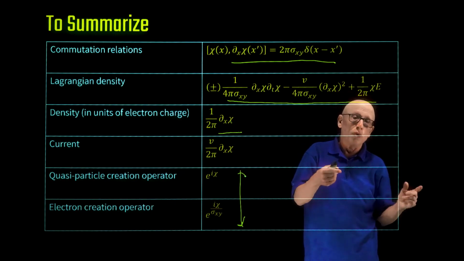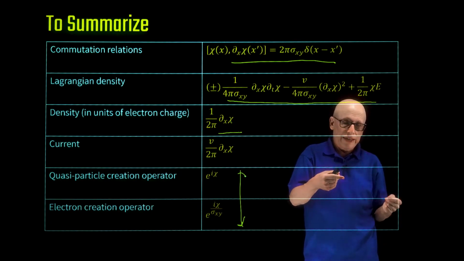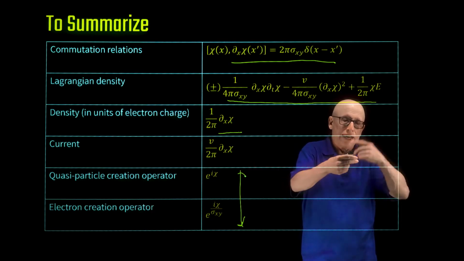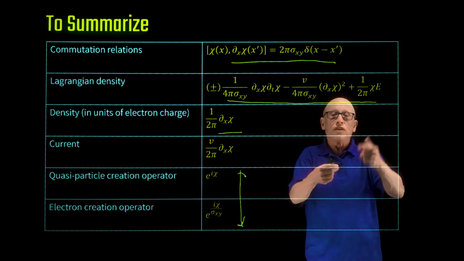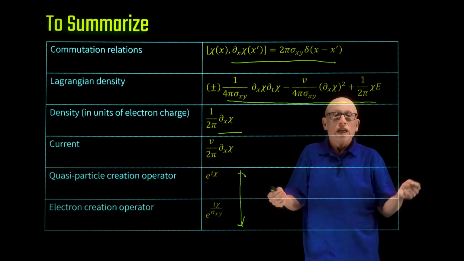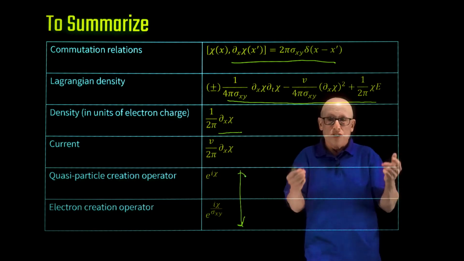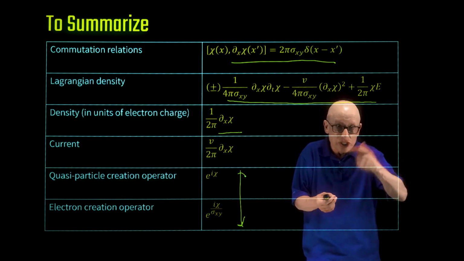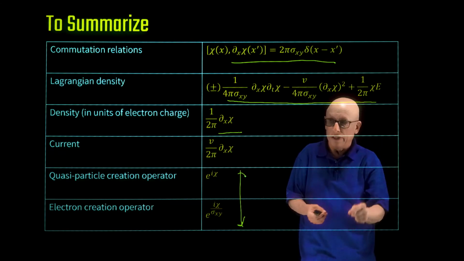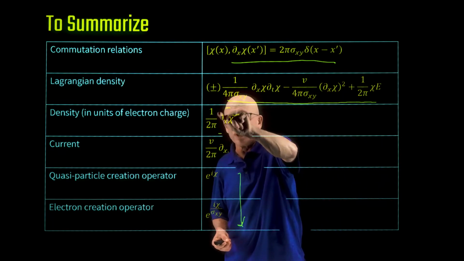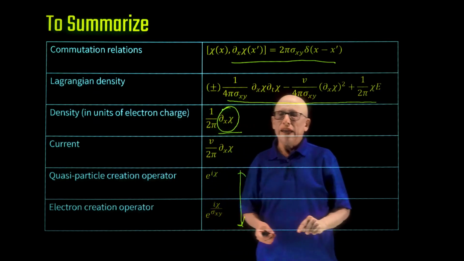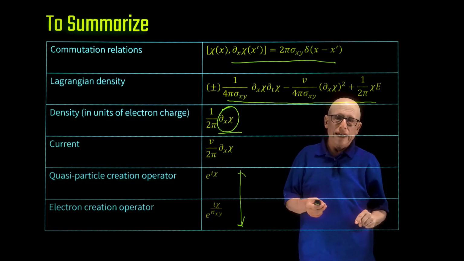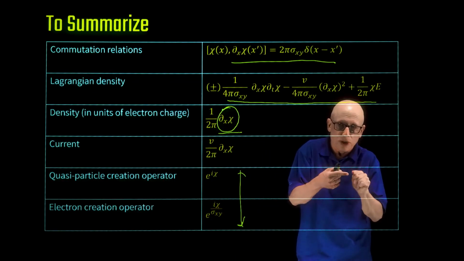Suppose that we want to take an edge and apply an operator that changes the total charge on that edge. If you change the total charge on the edge, you surely change the charge density at the point where you operate. So you want to apply an operator that will change the value of this operator at a particular point.